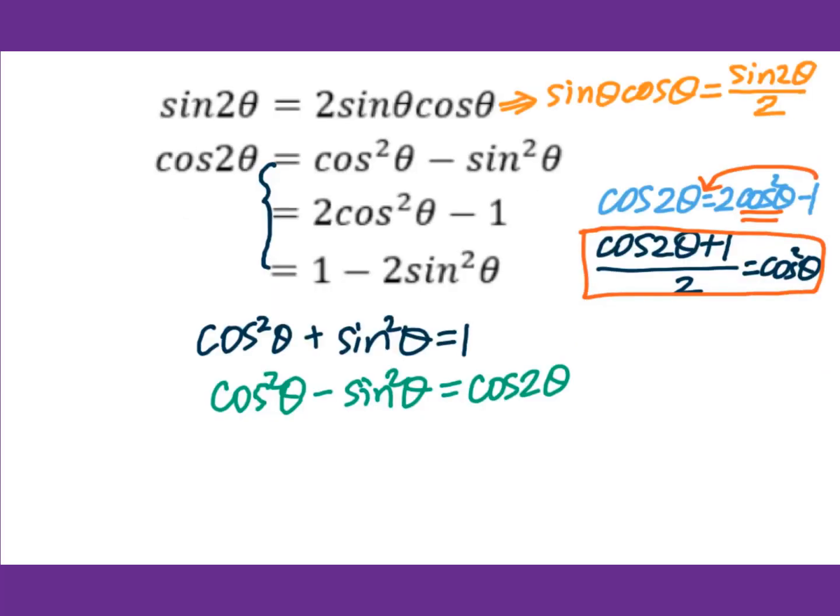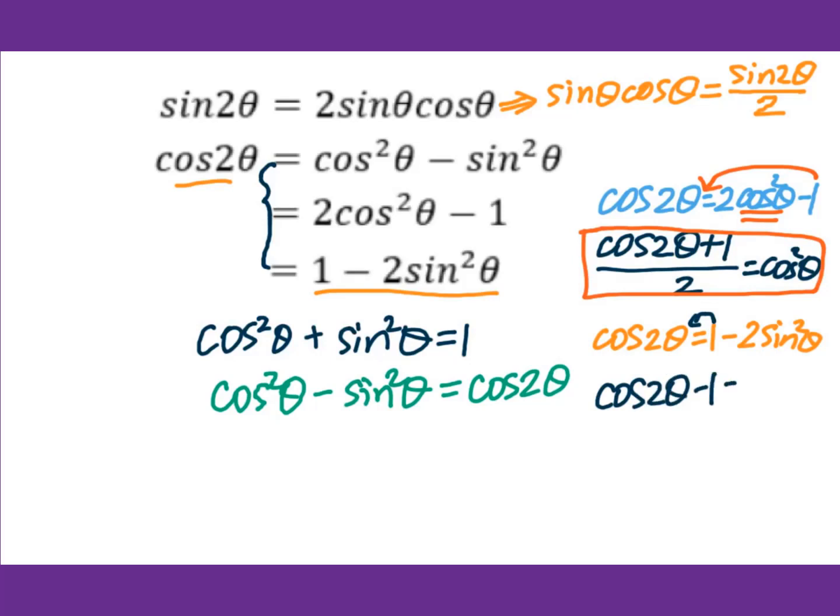For cosine 2 theta equals 1 minus 2 sine squared theta, let's work this out. First of all, subtract 1 from both sides, and you get cosine 2 theta minus 1 equals negative 2 sine squared theta.